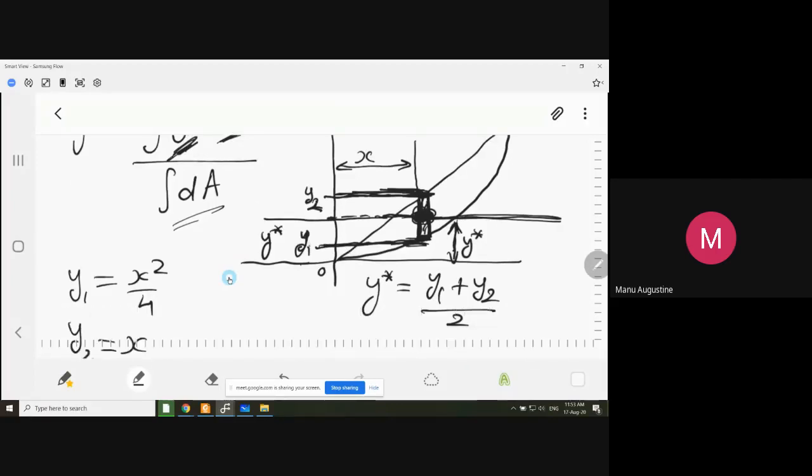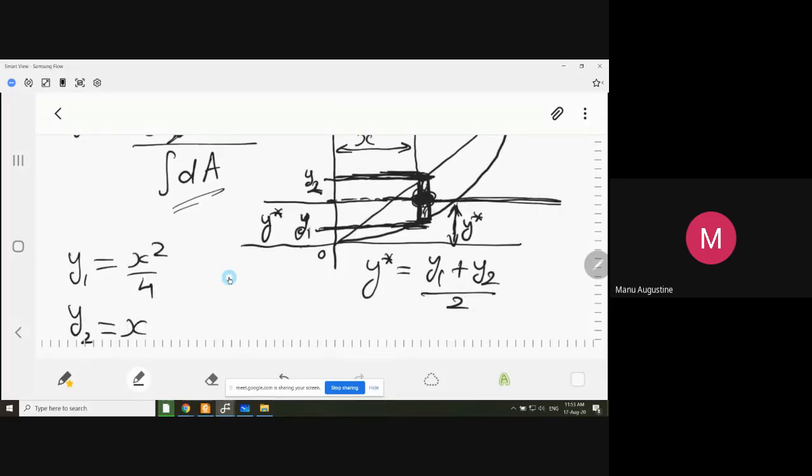So since we are talking about the centroid of this rectangle, it will be at the center of the rectangle, between y1 and y2. So the center, or y star, will be located at the average of y1 and y2. So can I say that y star is y1 plus y2 by 2? Anybody? Yes, sir. Okay.